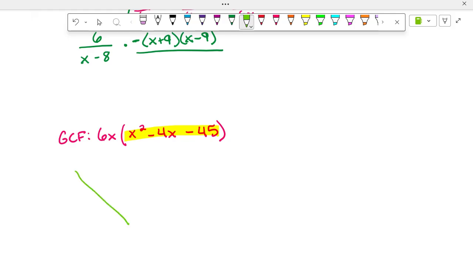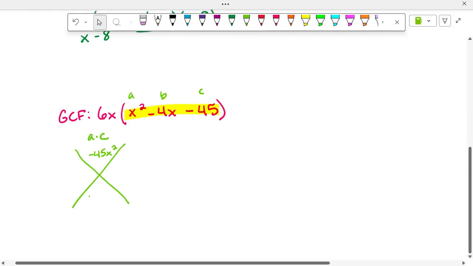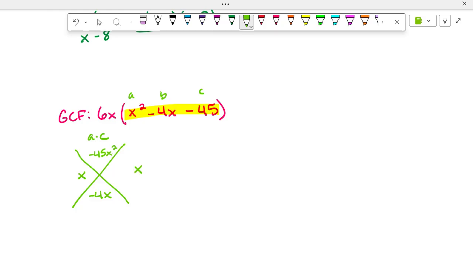Big X. What goes on top? So we do a times c on top. So that would be negative 45x squared. What goes on the bottom? Negative 4x. We know that both these terms need to end in x so that we can multiply to x squared, add to an x.